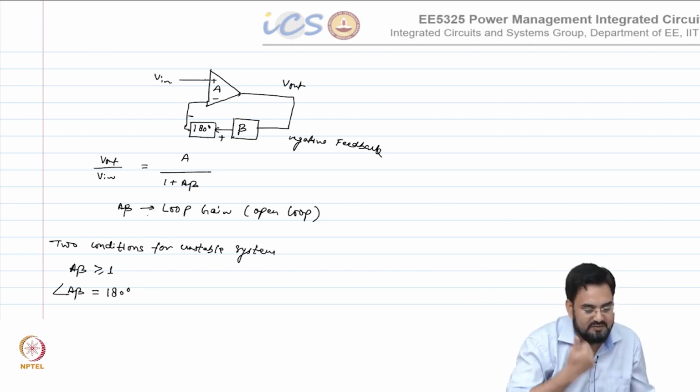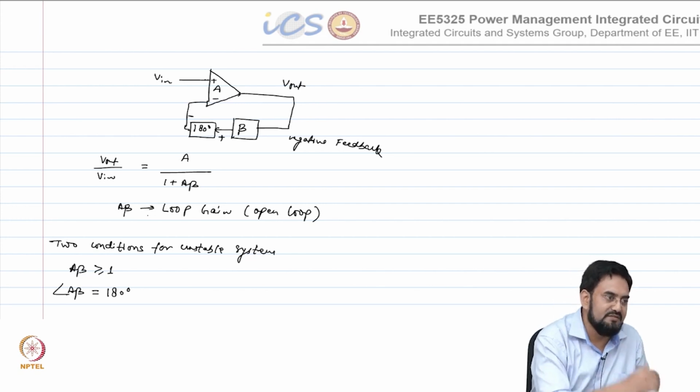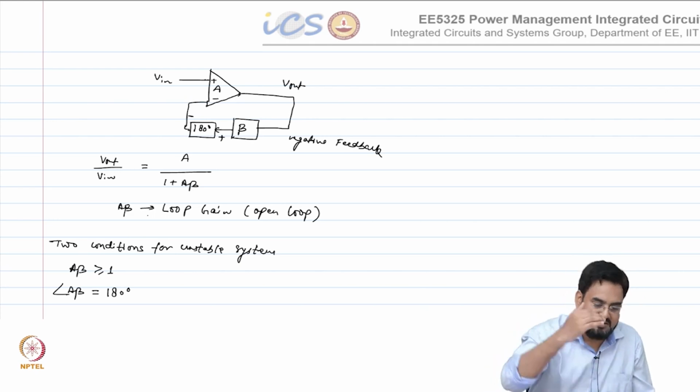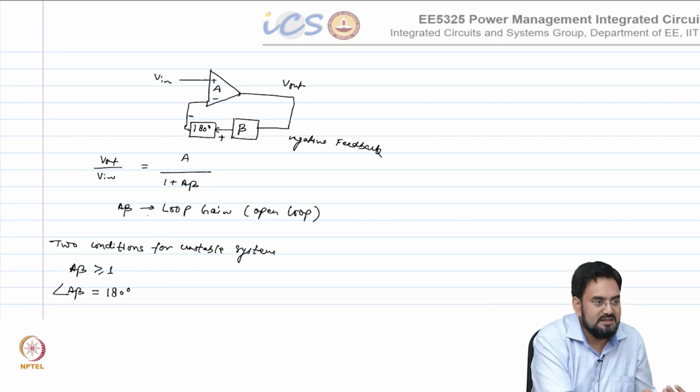Even if your phase shift becomes 180 degrees, your gain is not sufficient, so your output will not oscillate or go to VDD or ground. It will converge, or your oscillations will die out if it is a second order system. That is why we require A beta greater than or equal to 1 as the ideal condition.